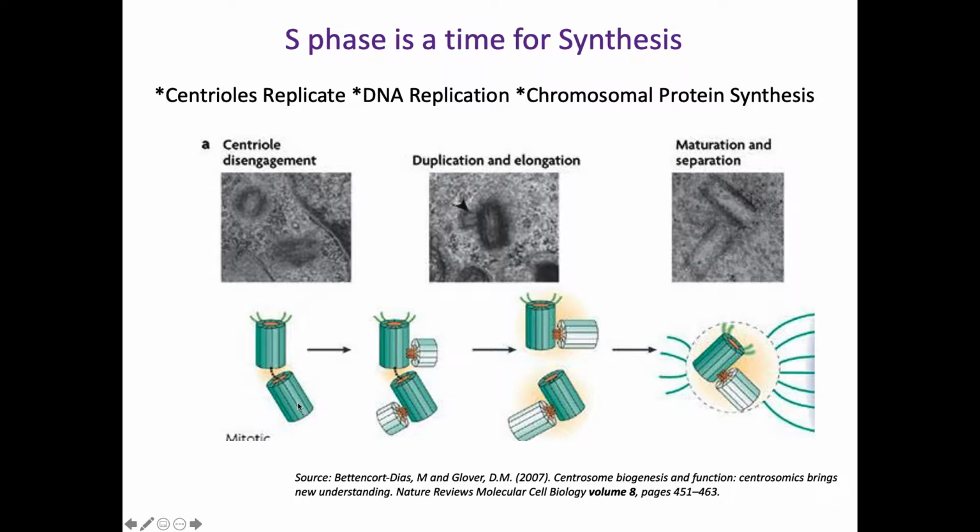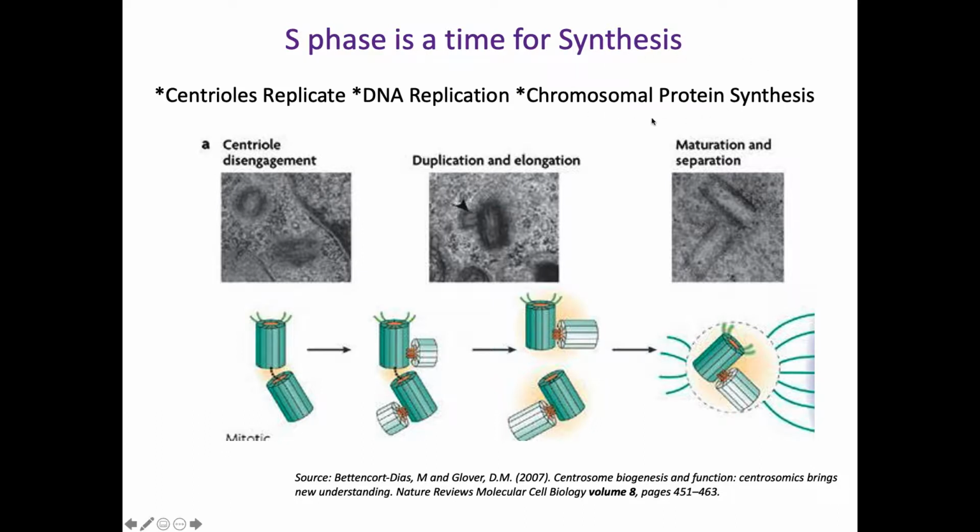During synthesis, or S phase, the centrioles also replicate. It's not just the DNA, but we're also going to need two poles inside the mitotic cell, and that means we need two sets of centrioles. This also will ensure that when the cell divides, each new cell will receive two normal centrioles, so that each new cell will also have a functioning microtubule organizing center.